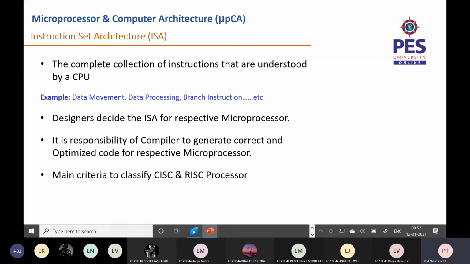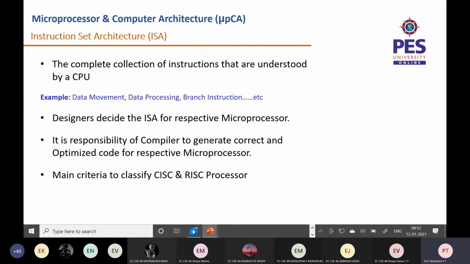These are the set of instructions which are specific to the processor, with which we can execute our programs. The designers decide what type of instructions the respective microprocessor has, and it is the responsibility of the compiler to generate correct and optimized code for it. If you take one microprocessor, it has a particular set of instructions designed only for that microprocessor.